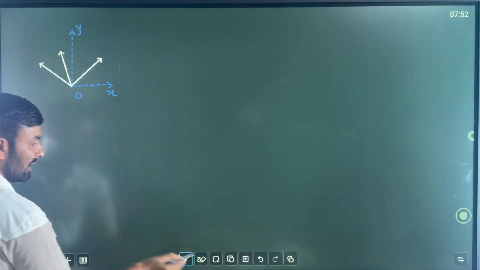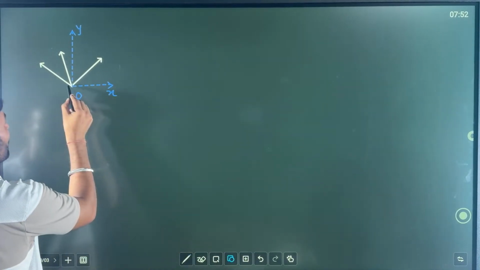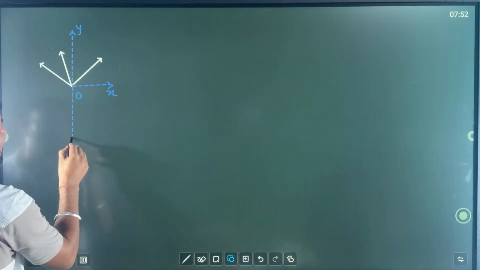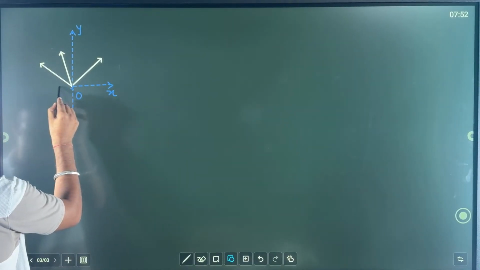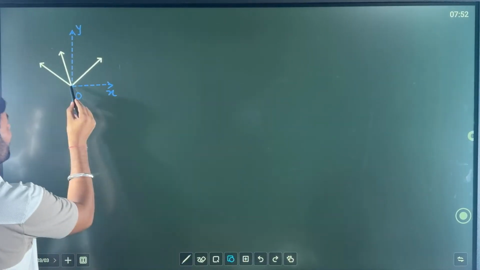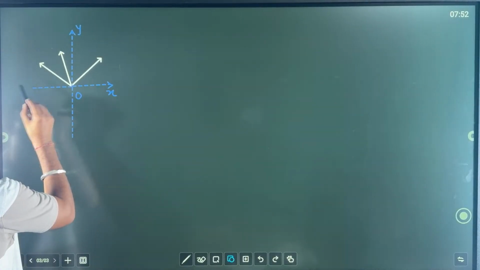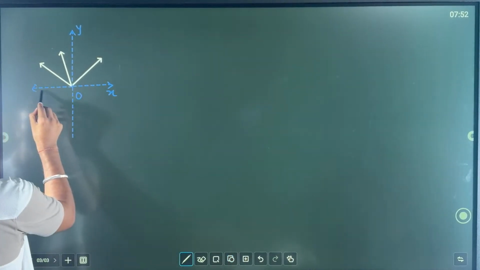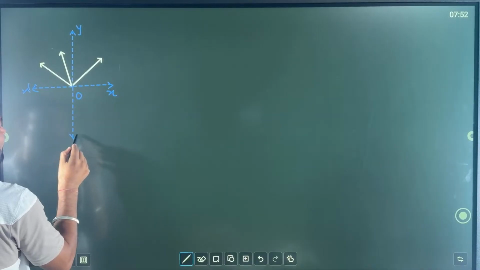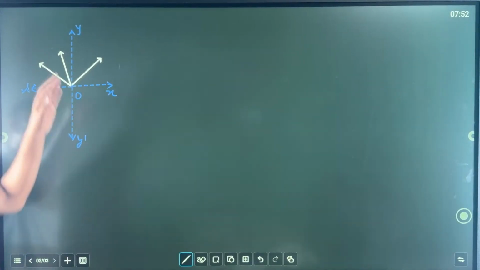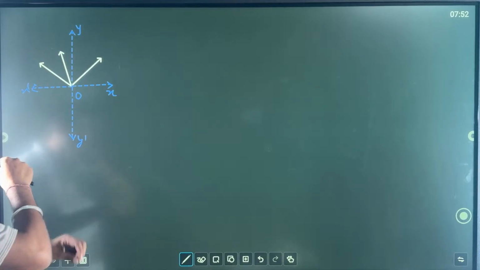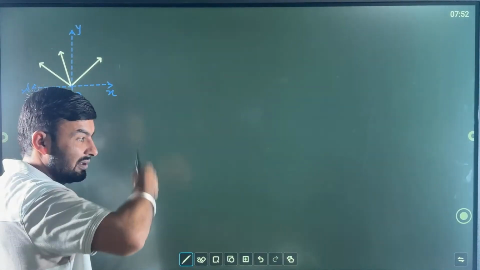You can take it down also, that's not a problem. Let me take it properly. What is this? This is X dash, and this is Y dash. These are rectangular axes, my dear friends.